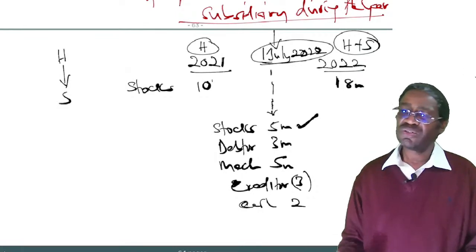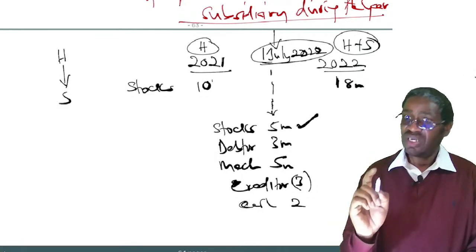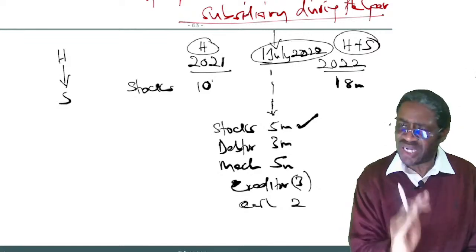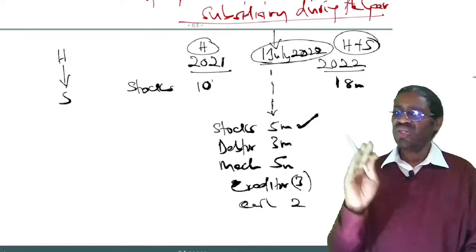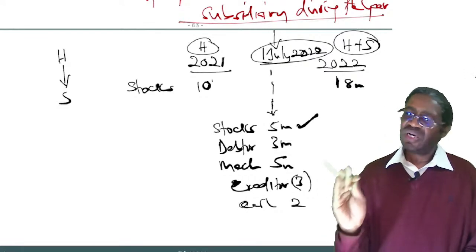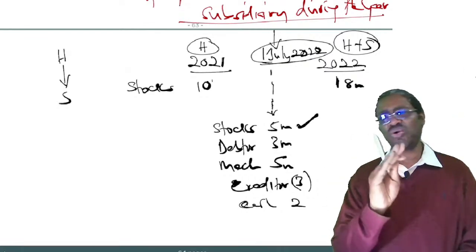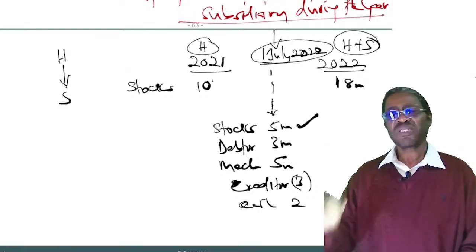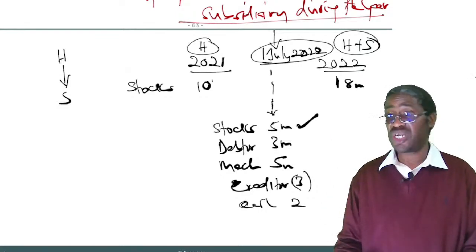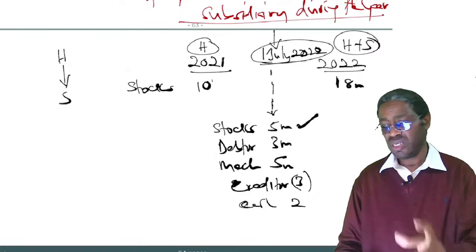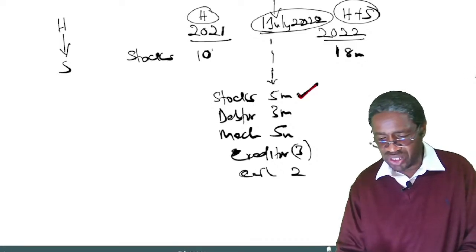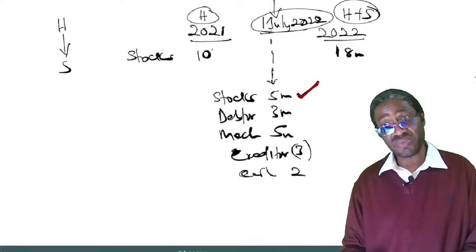For example, in normal circumstances, I would have compared the stocks last year with the stocks by the end of this year, and that would give me either an increase or a decrease in stocks. But here is a case: we acquired a subsidiary company on 1st July, and it came into the group with its own bunch of stocks amounting to 5 million.